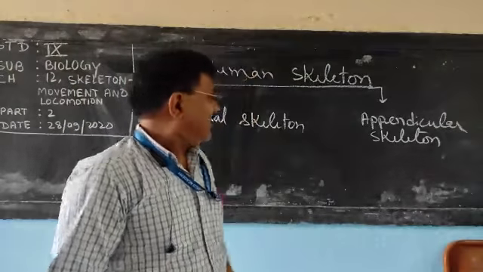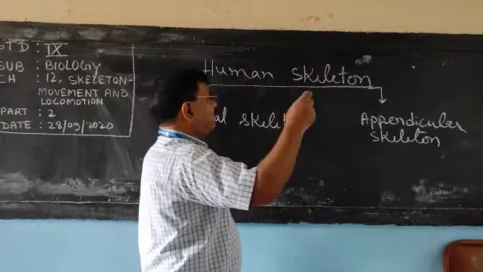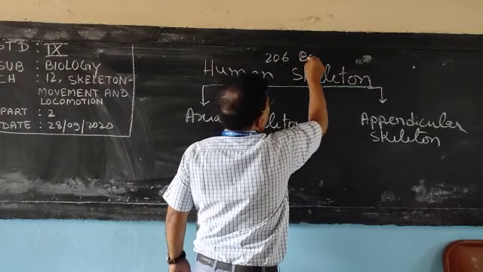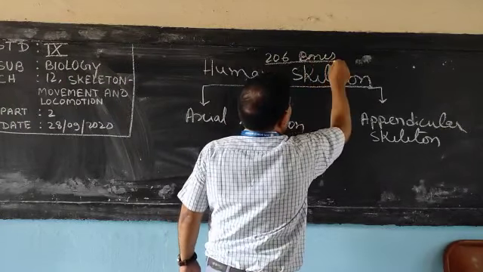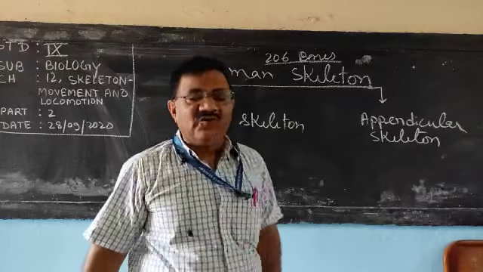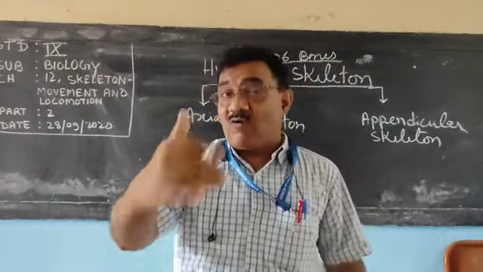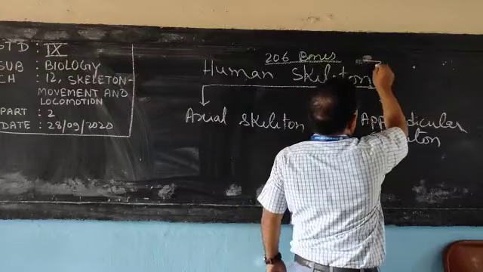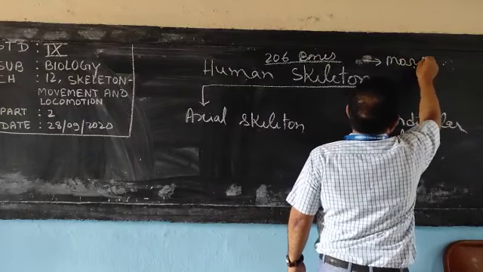We know that in an adult, a total of 206 bones are there, but when we are born, we have more than 300 bones.